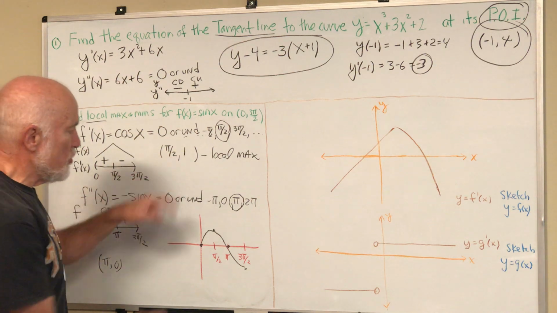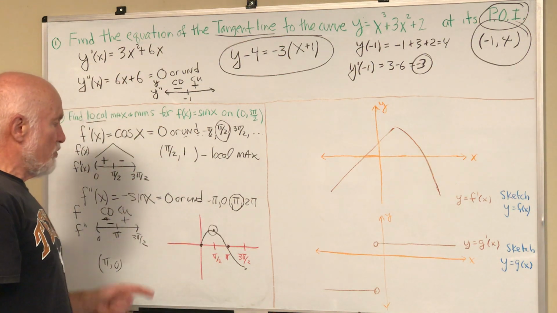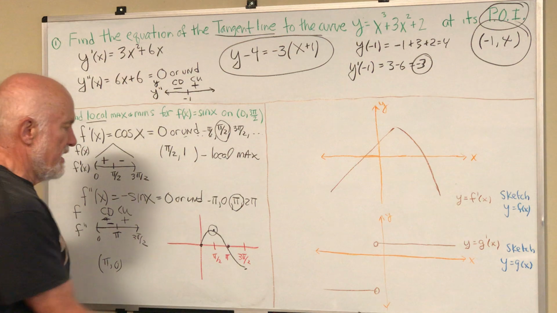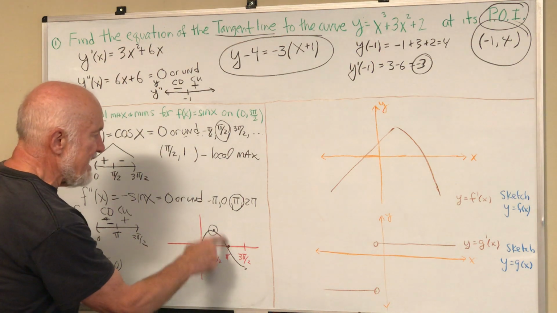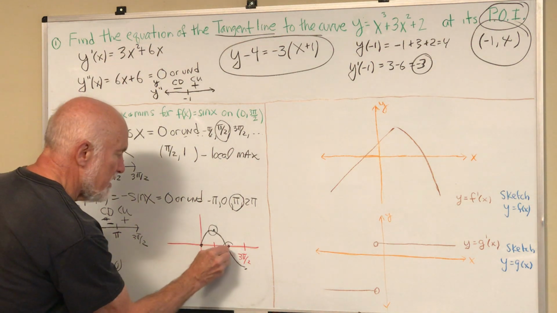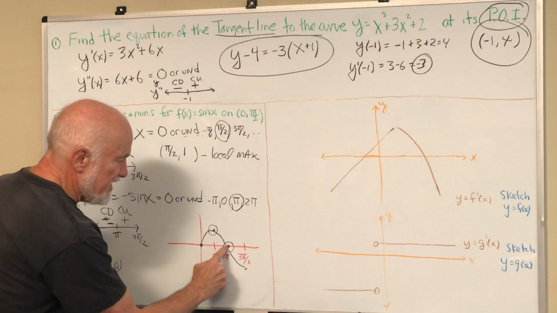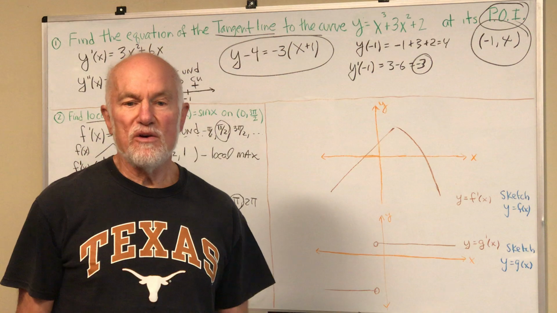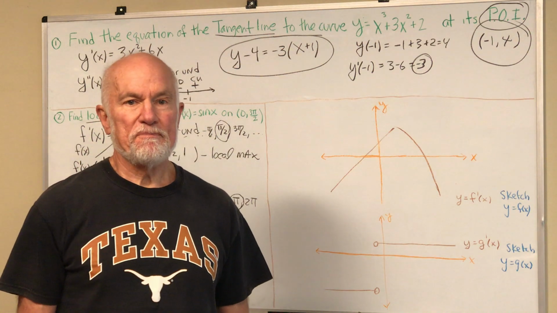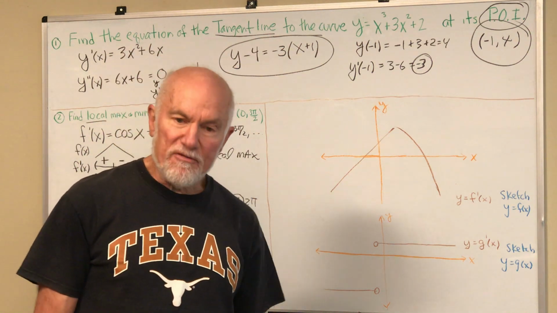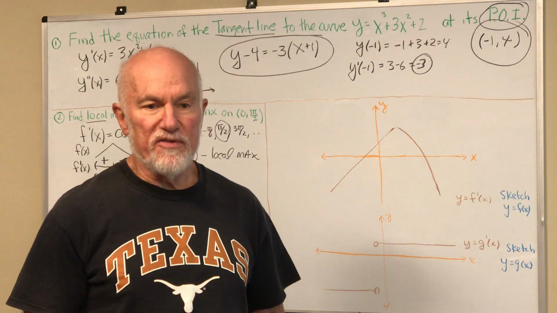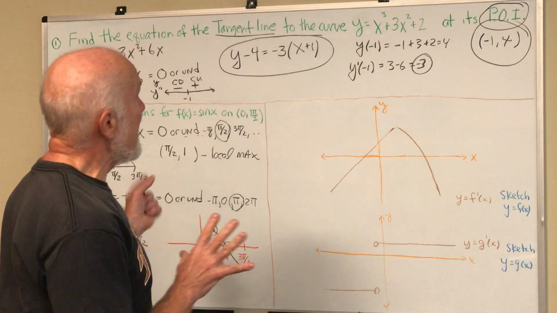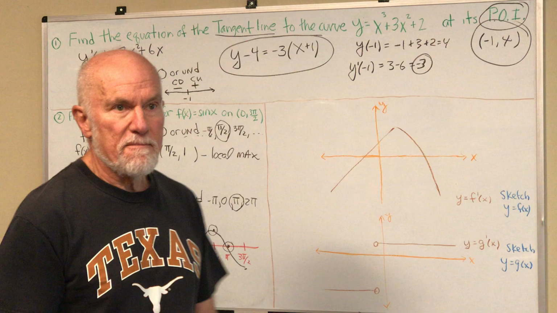At pi over 2, comma 1, we do have a local maximum. And right here at pi, comma 0, concave down to concave up. So it goes just like it should. So I hope that gives us some confidence in how we can use the derivatives to help us find out some things about the curve.